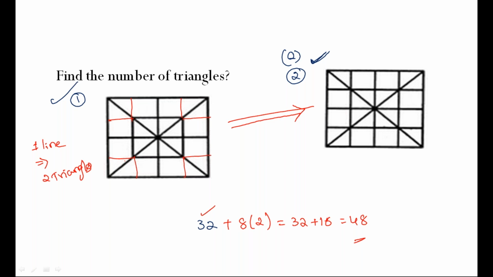Now this is like the second diagram. So that's the total number of triangles in the second diagram: because of adding 8 lines, 8 into 2 is 16. 32 plus 16, total 48 you have to get.